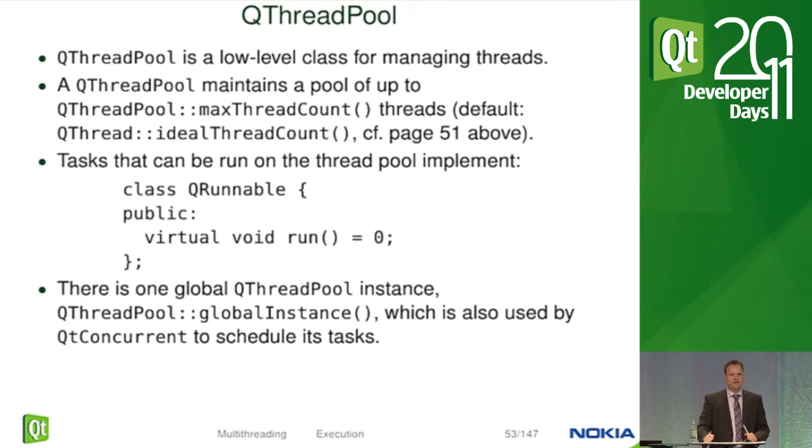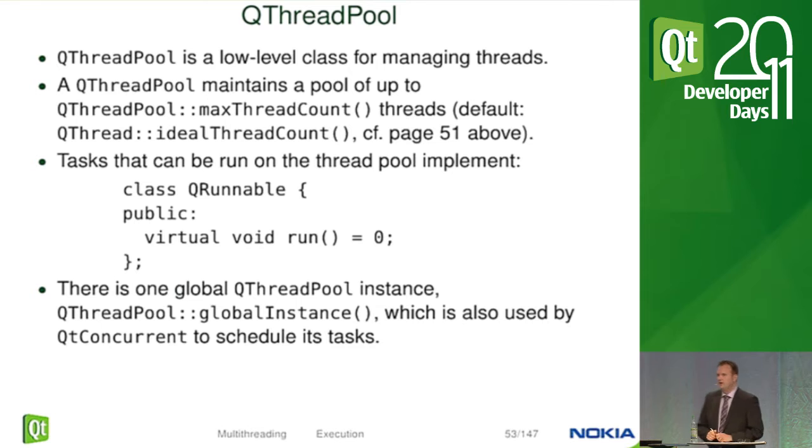You create an instance of that runnable and give it all the parameters so it knows exactly how to work. You give that to the QThreadPool, and the QThreadPool will eventually find a valid thread that is ready to do some work. It will execute that on that thread, and it'll be done.